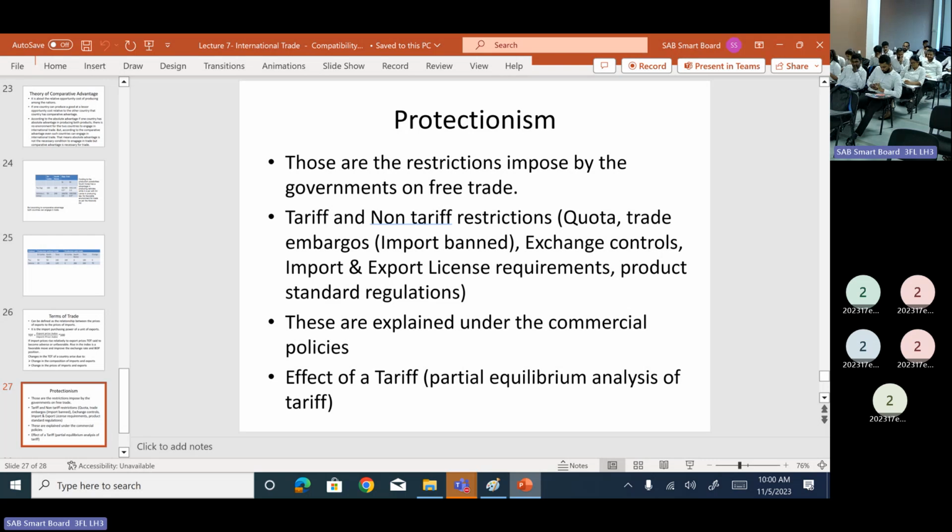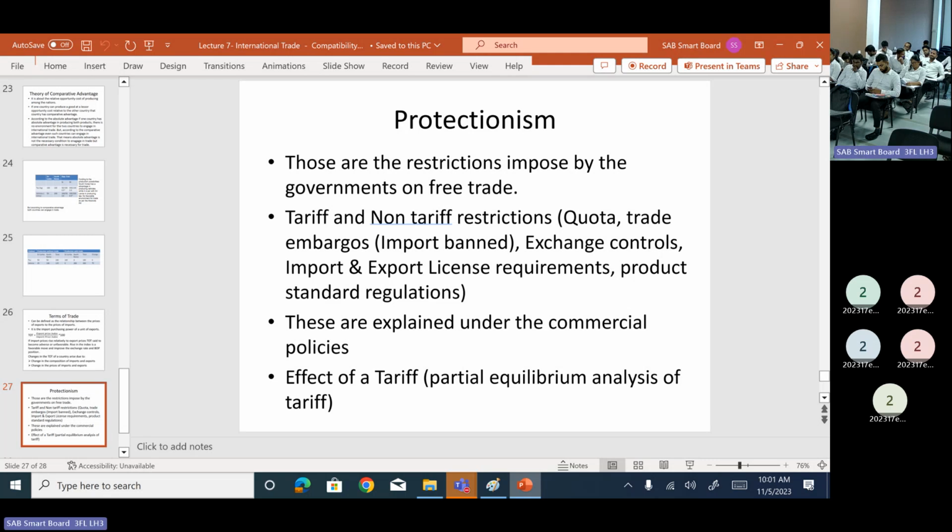The tariff is the famous instrument used to restrict imports, import tariffs. And there are other restrictions, sometimes quantitative restrictions, so there is a quota system. And embargoes, which means sometimes countries totally ban imports. There can be exchange controls, which limit imports and exports.